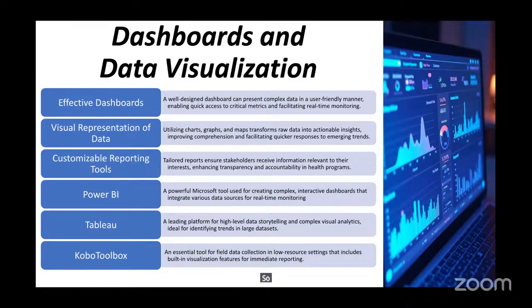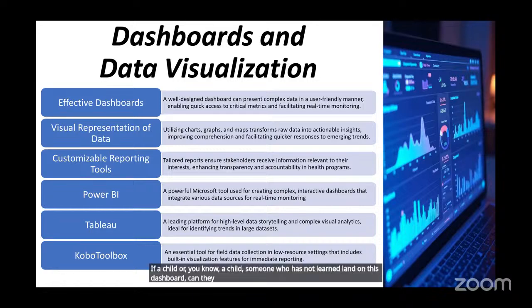So I would say dashboards and data visualization are not about the color, but about presenting complex information in very simplified terms that anyone can understand. I used to ask myself, if a child or someone who has not learned about this dashboard looks at it, can they really pick up some information?